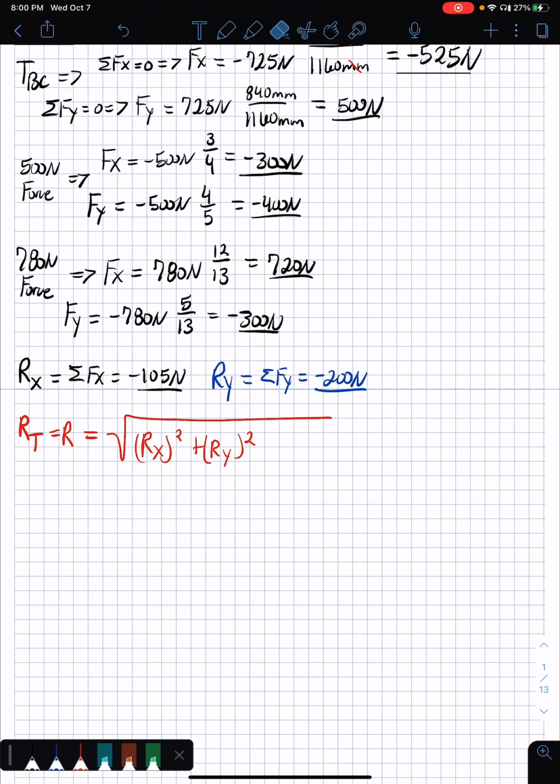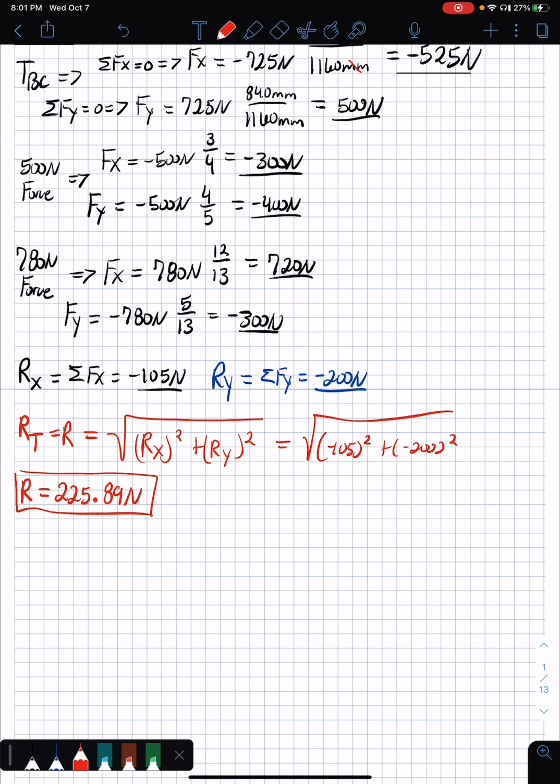And I'm going to touch this up a little bit so I can conserve my spacing, which equals negative 105 squared plus negative 200 squared. We get our total resultant to come out to 225.89 newtons.